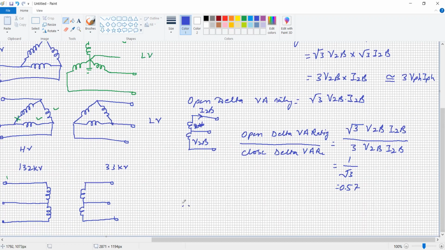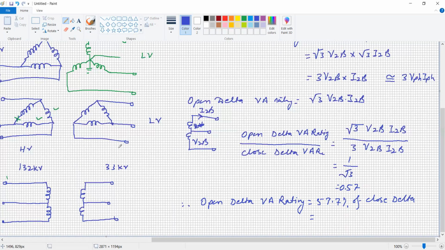So now the open delta VA rating, or kVA rating, or MVA rating, is equal to 57.7% of the closed delta. It means that suppose one winding fails for any reason, the three-phase transformer, which was earlier delta connected, can supply power to the load up to 57% of its rated capacity.